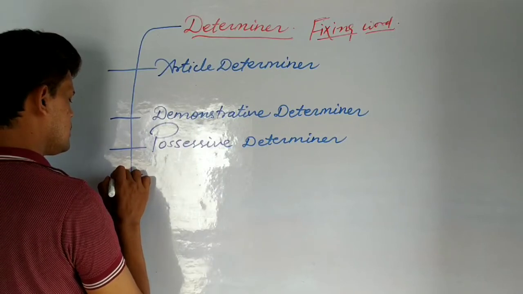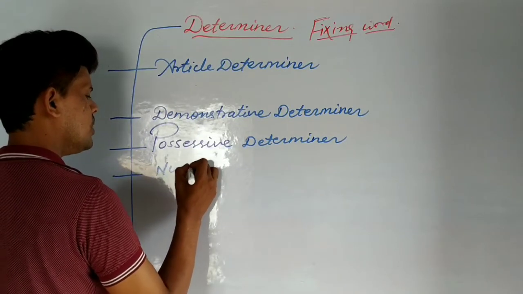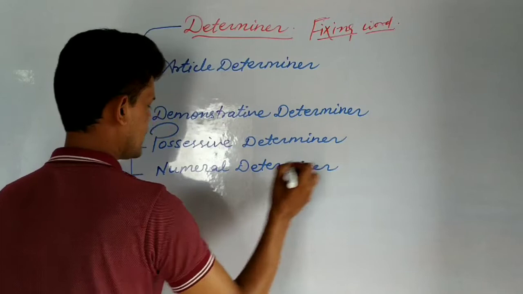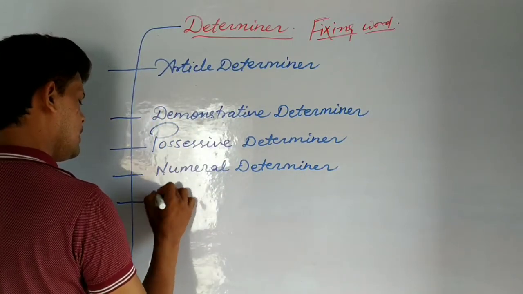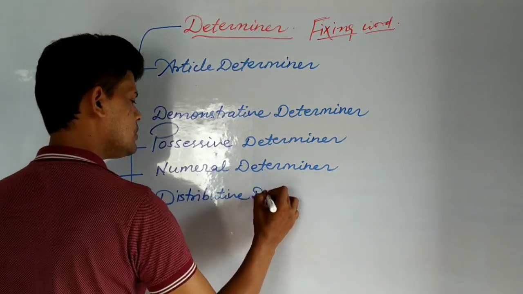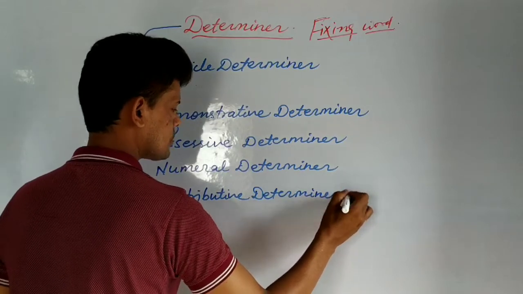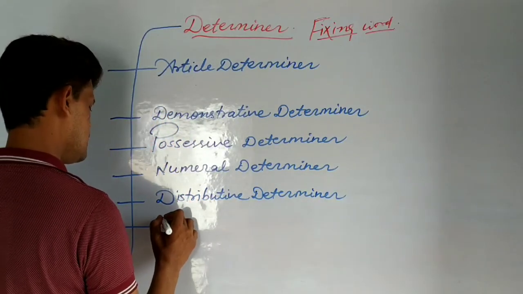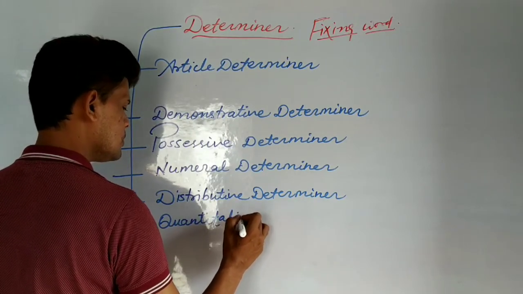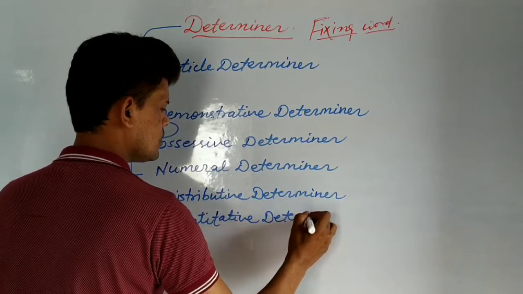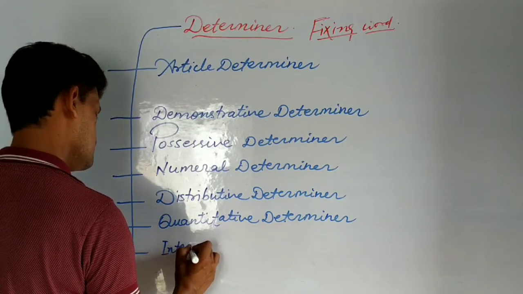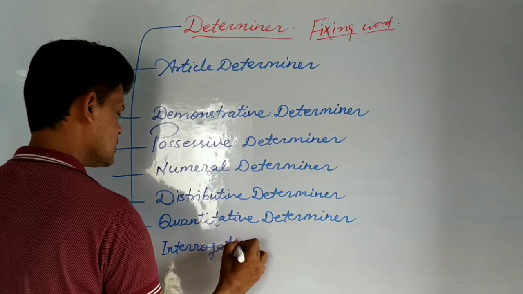Fourth is numeral determiner. Fifth is distributive determiner. Next is quantitative determiner. And last is interrogative determiner.